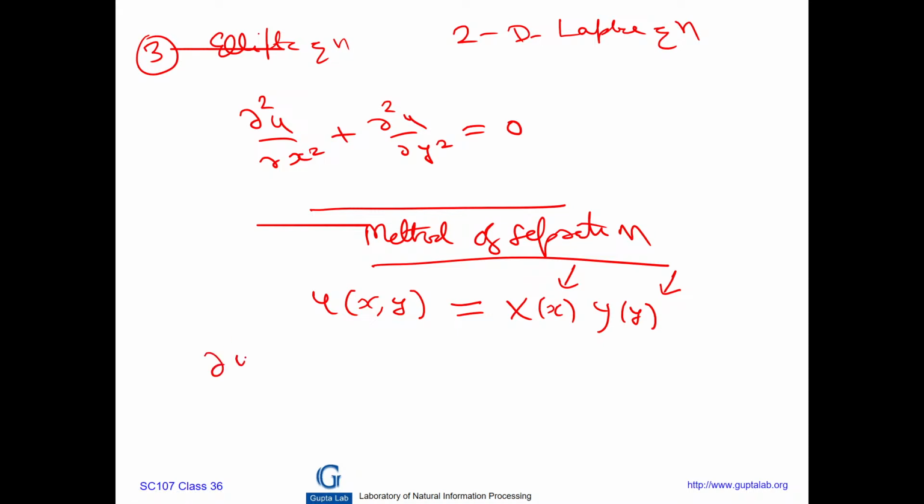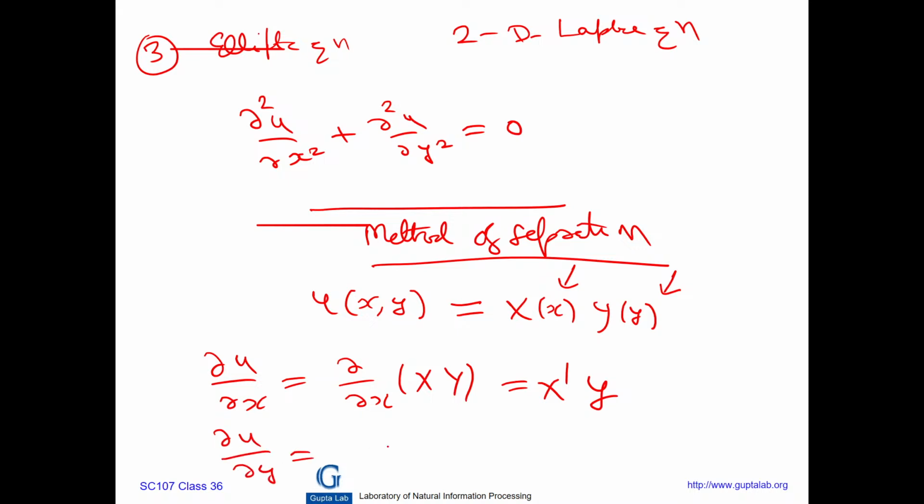Then ∂u/∂x will be what? ∂/∂x of X times Y is equal to X' Y. Agree? Because differentiation is only with respect to x, right? Similarly, ∂u/∂y is equal to X times Y', and ∂²u/∂x² is equal to X'' times Y, and so on.